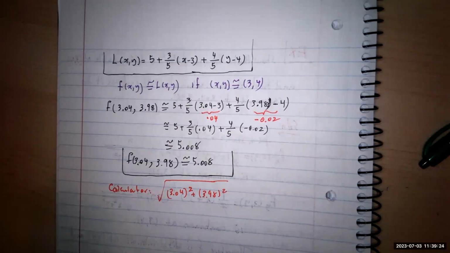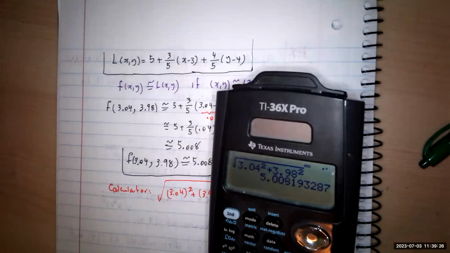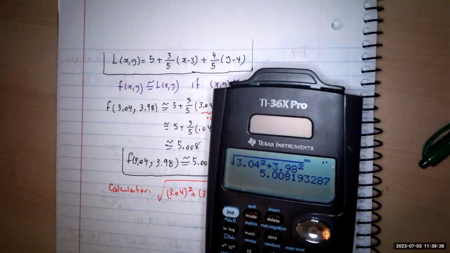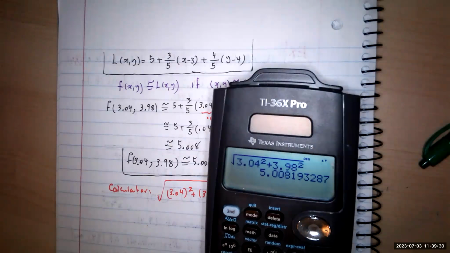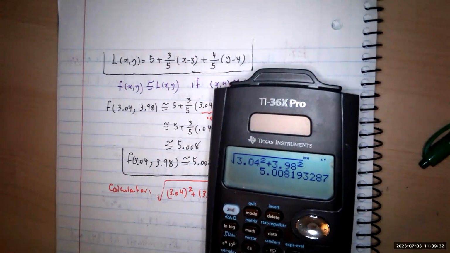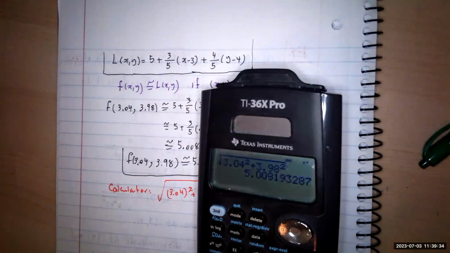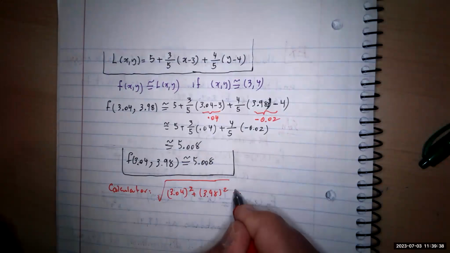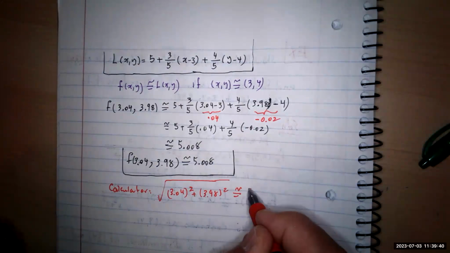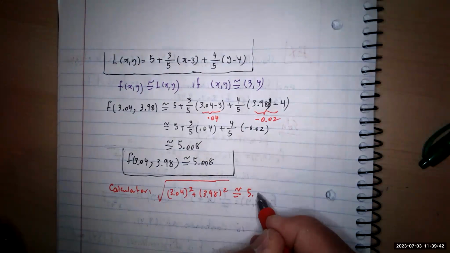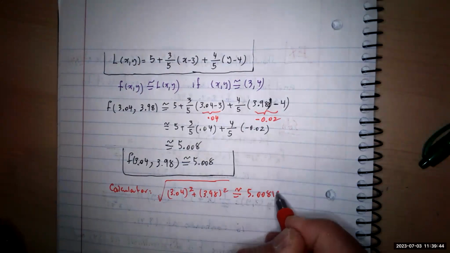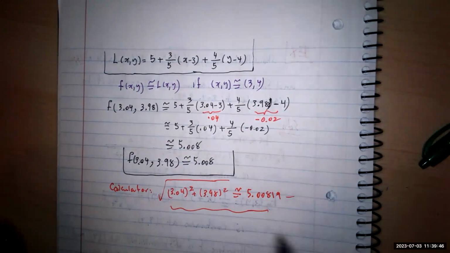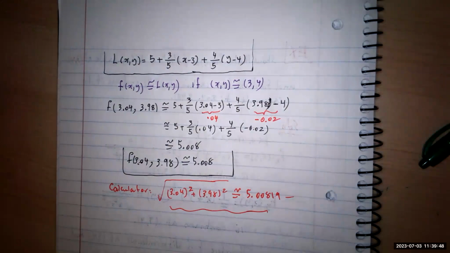So the result of my calculator is this one: 5.00819. The difference is 0.00819, so that means I did a good job. They are very, very close. This is just a quick showing that you arrive at the same number.